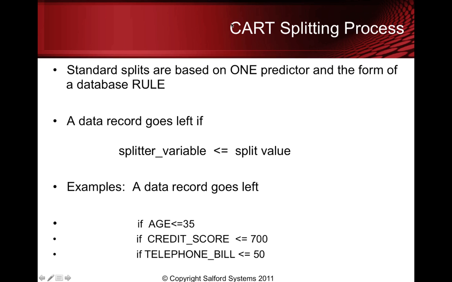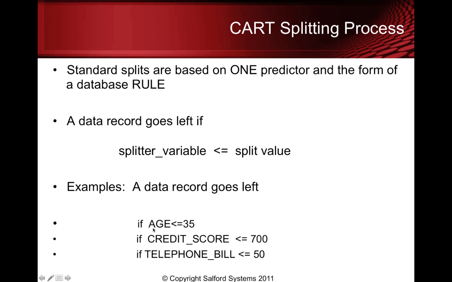So normally in a more complex CART and in any CART tree, we typically want standard splits, which are based on only one predictor. We have other splits, but those will be discussed in another session. And we're going to create a database rule, which looks like this. A record goes left if the splitter variable is less than or equal to some split value. So some examples.